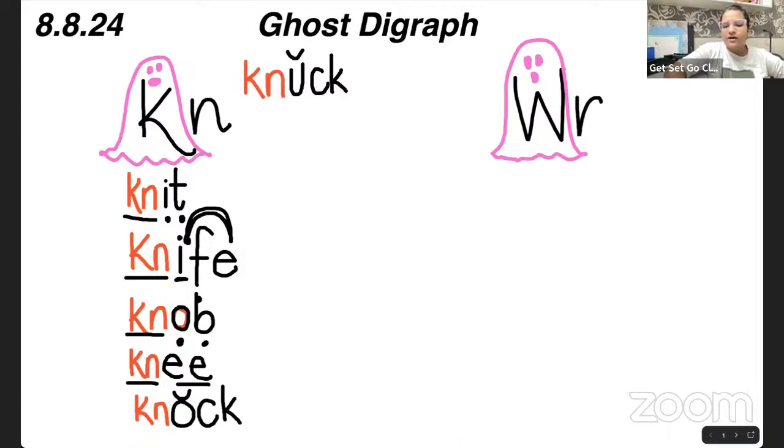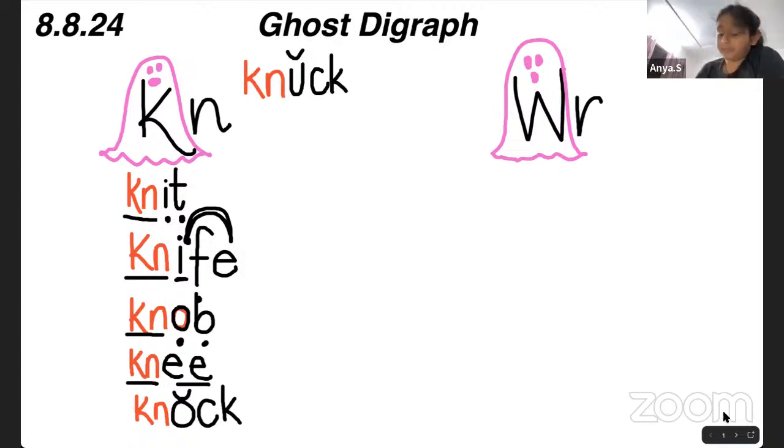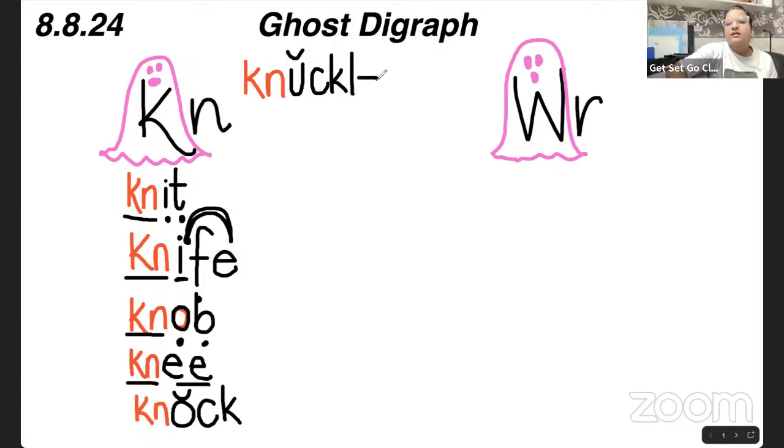And then what will come after it? How do you write knuckle? L-E. Yes, I have the sound of L. L-E. Yes, very, very good. It's going to be LE. Knuckle. Or if you put S, it will become knuckles because you have more than one knuckle. Okay. So knuckles.